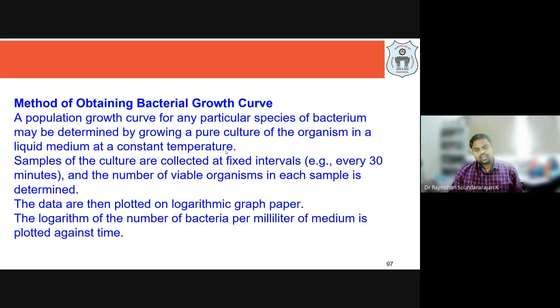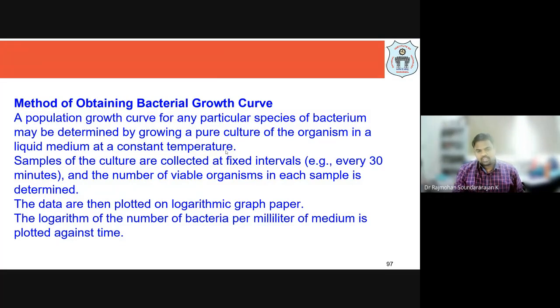And how can we get this growth curve? The methods of obtaining a bacterial growth curve: a population growth curve for any particular species of bacterium may be determined by growing a pure culture of the organisms in a liquid medium at a constant temperature. We withdraw samples of the culture at a fixed interval, for example every 30 minutes, and the number of viable organisms in each sample is determined.